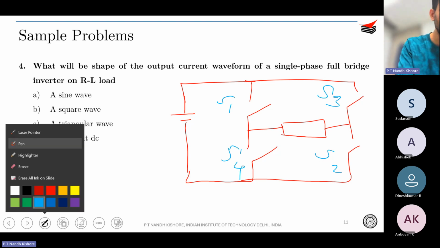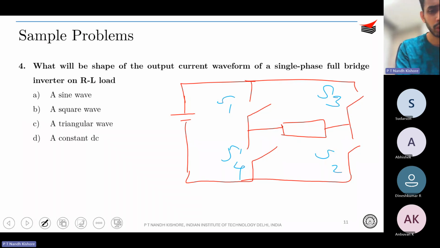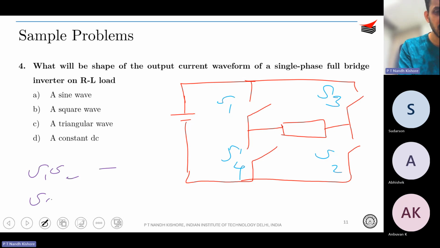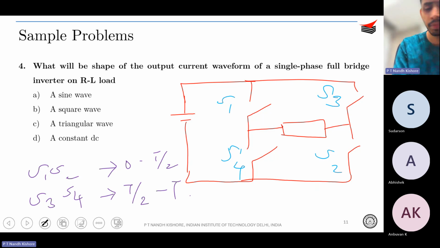You switch S1 and S2 together, and then S3 and S4 together. S1 and S2 will be from 0 to T by 2, and S3, S4 will be from T by 2 to T. Conventionally, this is what we do, right?